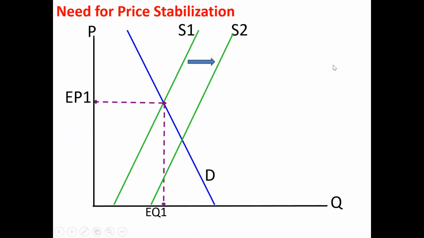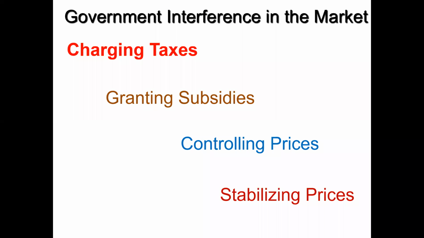Like this, there are 4 methods of government interference in the market: charging taxes, granting subsidies, controlling prices, and stabilizing prices. In this chapter, we are going to discuss these 4 in detail. Taxes, subsidies, and controlling prices we are more concerned about, but the last one we'll get the basic understanding only.